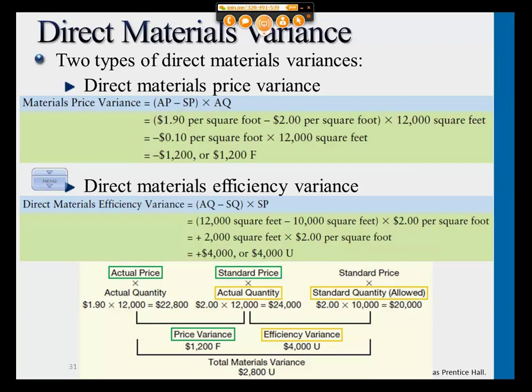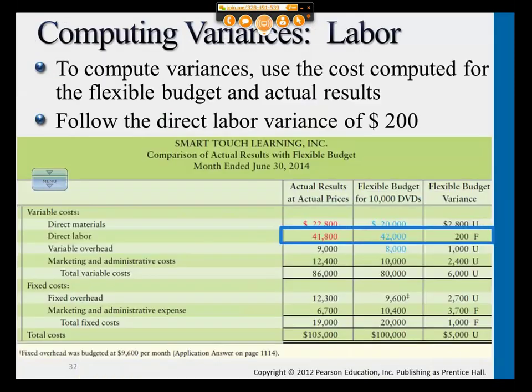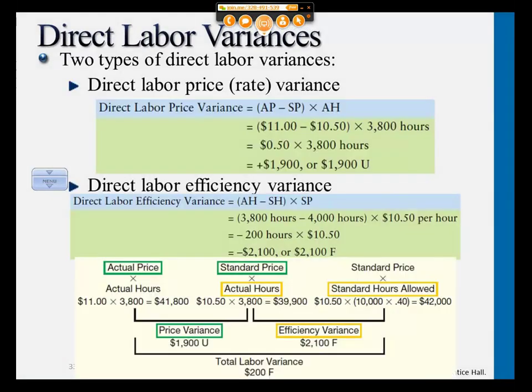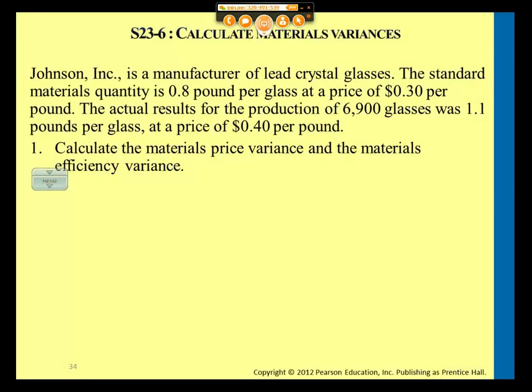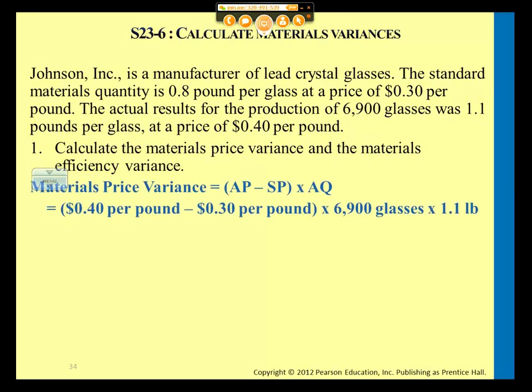And we worked over this little table and learned how we calculate total material variance as well. And then we did an exercise 23.6 where we calculated the material variances, and we said that material price variance just follows the definition, right?